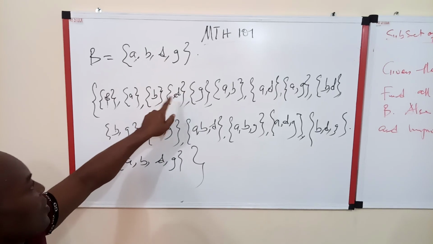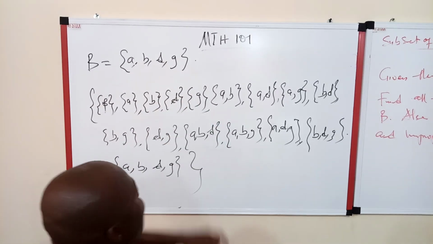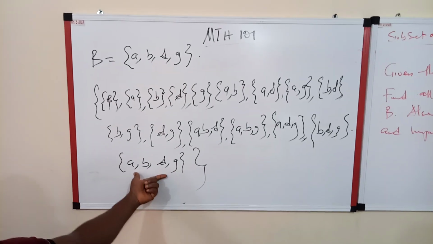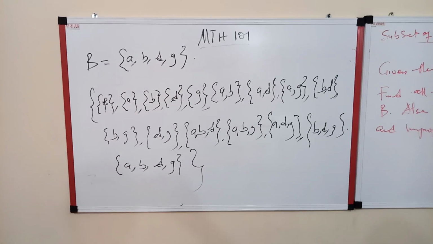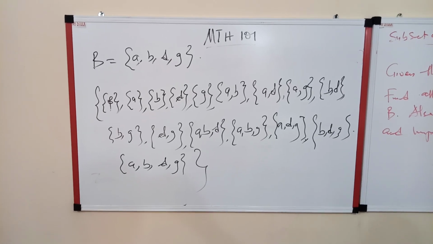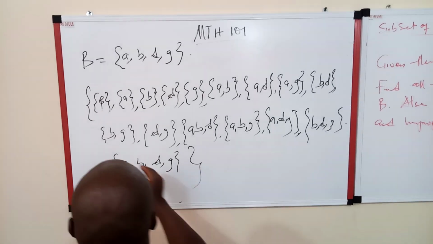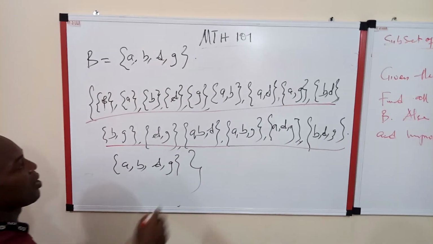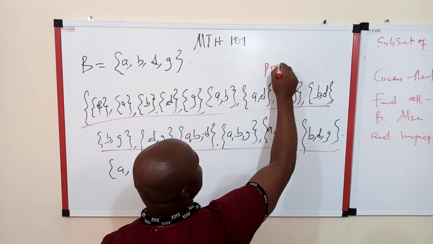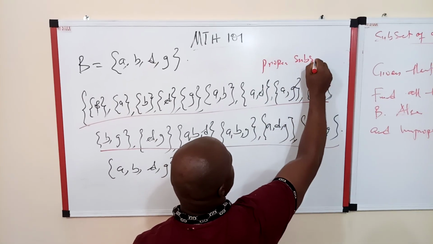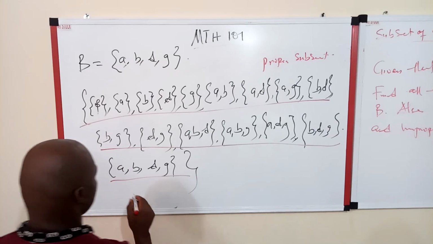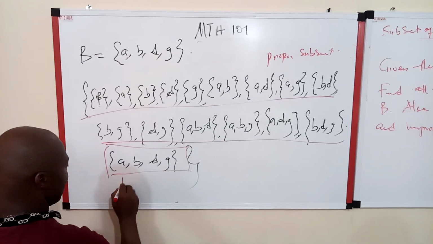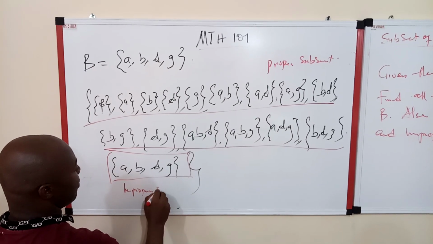So this one is a proper subset, this one is a proper subset, this is a proper subset, except the last one. Only the last one does not satisfy the criteria for a proper subset, whereas this last one is an improper subset.